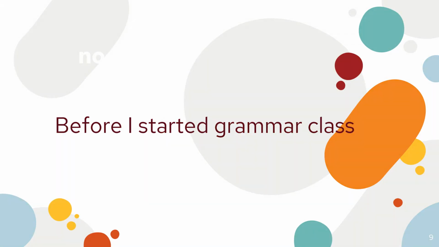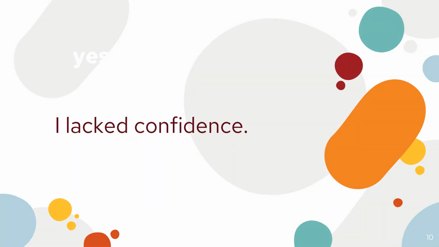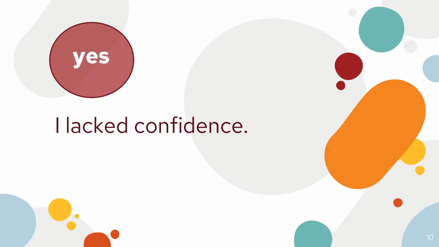Does before I started studying grammar make sense with no additional information? No, it doesn't. This is the subordinate clause. Does I lacked confidence make sense on its own with no additional information? Yes, it does.